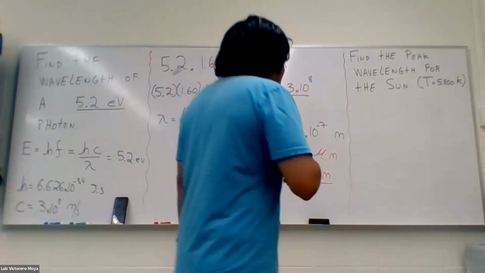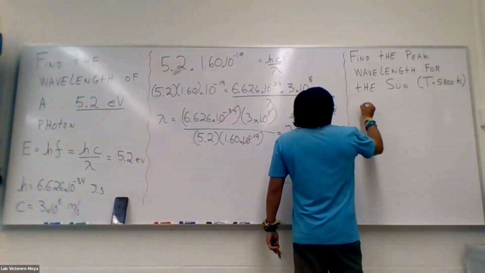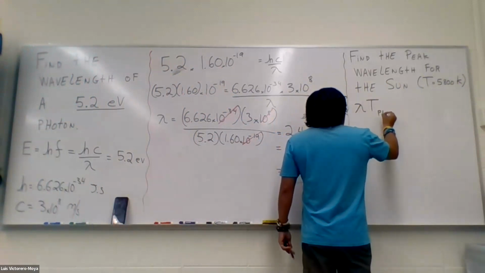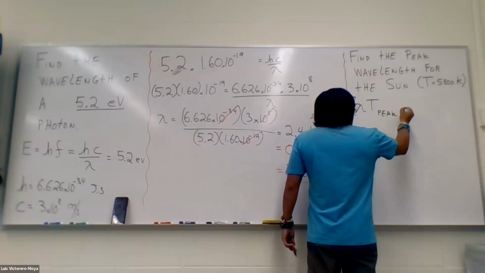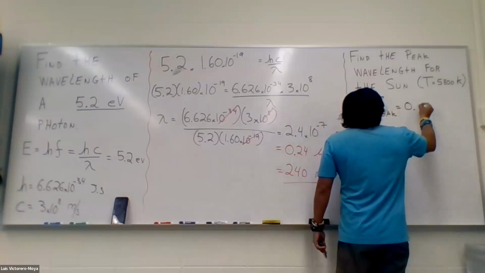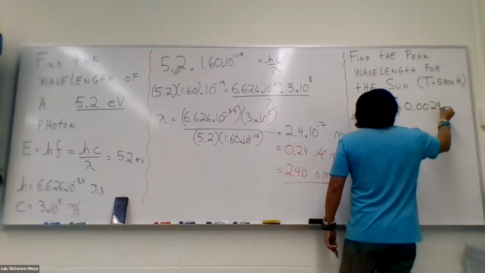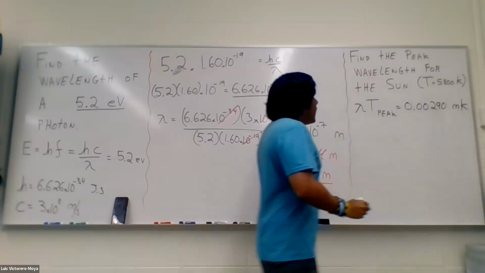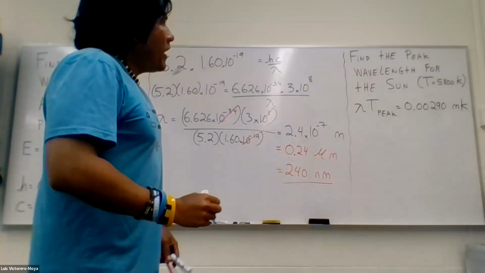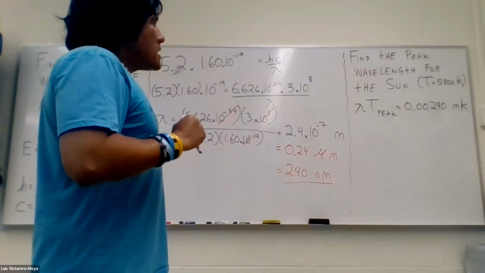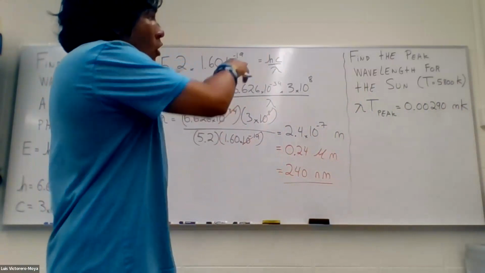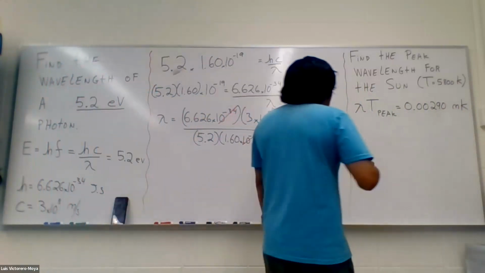So to do this, we need to use this equation. Lambda times temperature at the peak is equal to 0.00290 meters kelvin. The temperature is already in kelvin, so I can directly find the lambda in meters.